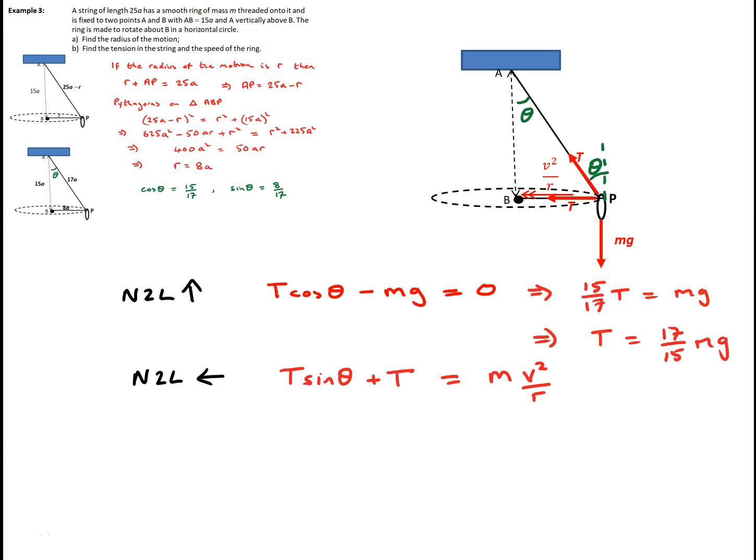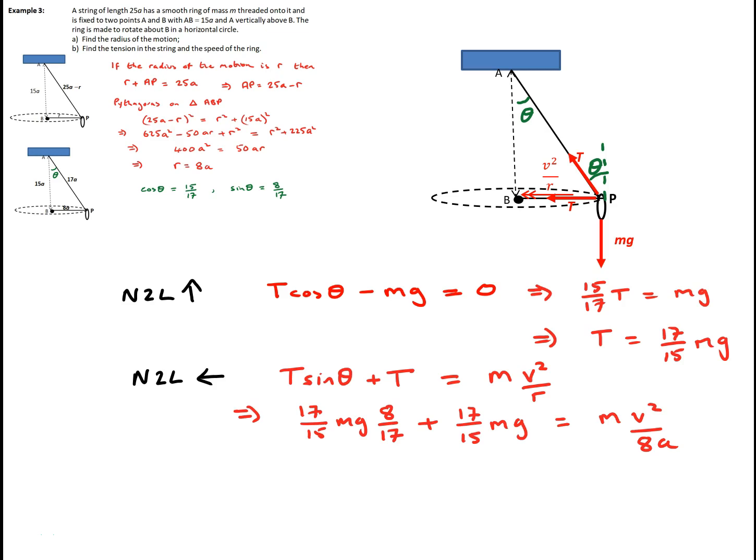So we've got 17/15 mg times 8/17 plus 17/15 mg equals mv squared over 8a.